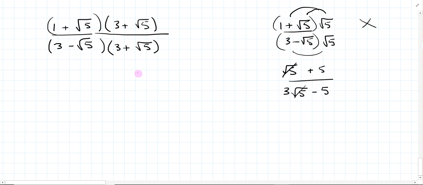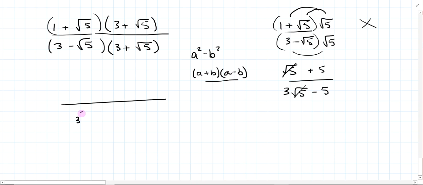So when we expand this, remember, the denominator ends up, using the difference of two squares, as 3 squared minus root 5 squared, giving me 9 minus 5, which equals 4.